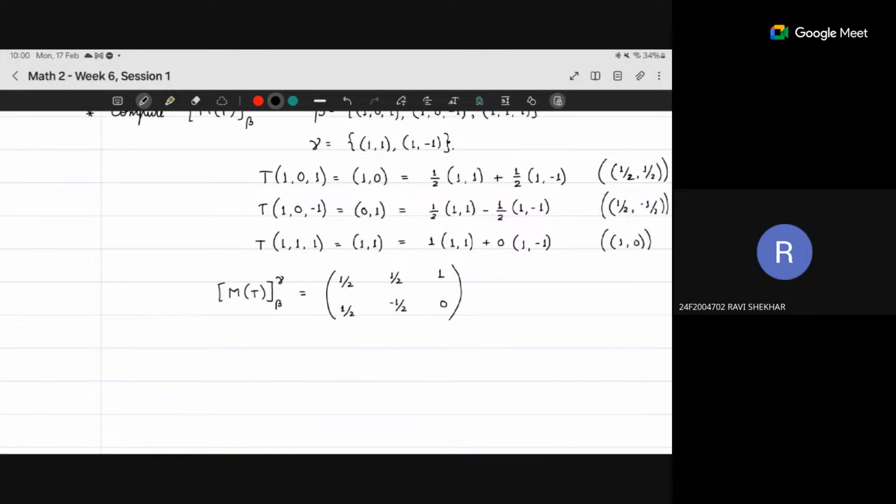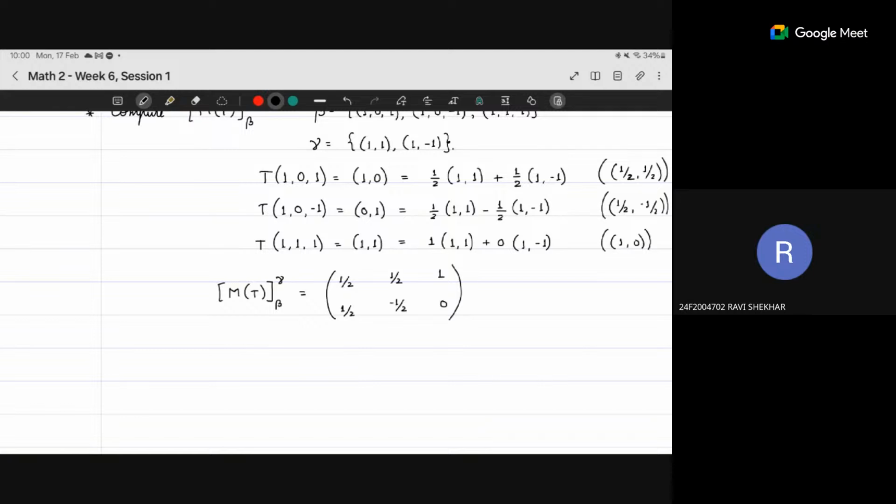Just to recap very quickly: in order to compute the matrix of the transformation with respect to beta on the domain and gamma on the codomain, you evaluate the transformation on the basis vectors of beta in that order, and whatever answers you get, you find the coordinates of those vectors in the system specified by the basis gamma.